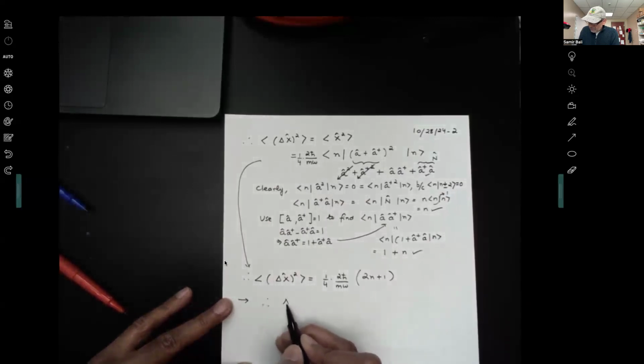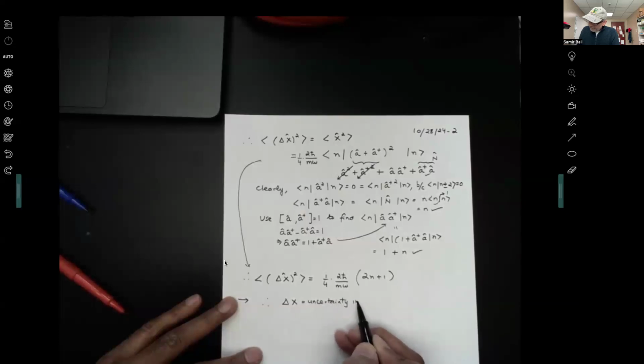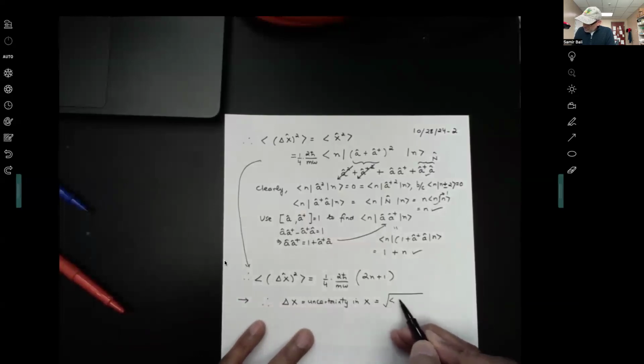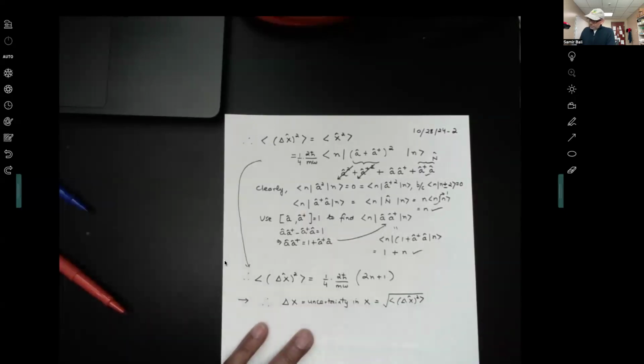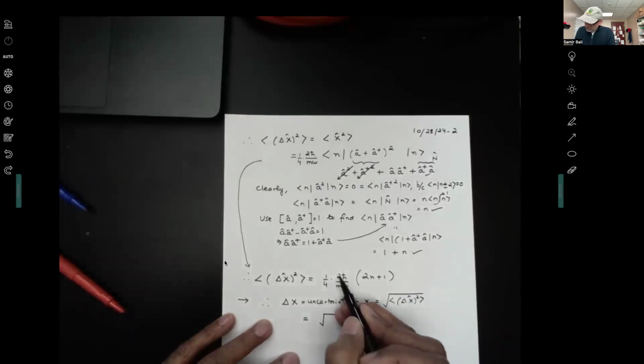So therefore, delta x, the uncertainty in x, is equal to the square root of the square deviation. Okay, and so this is equal to square root of, so this 2 goes with that. So you have a h bar over 2m omega.